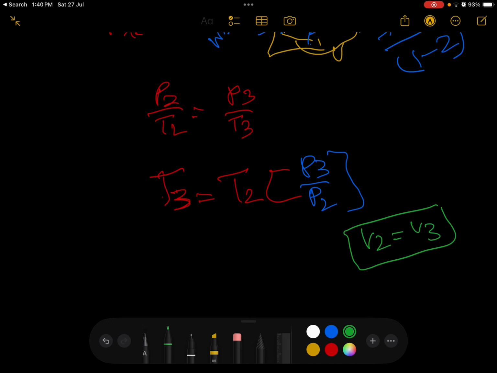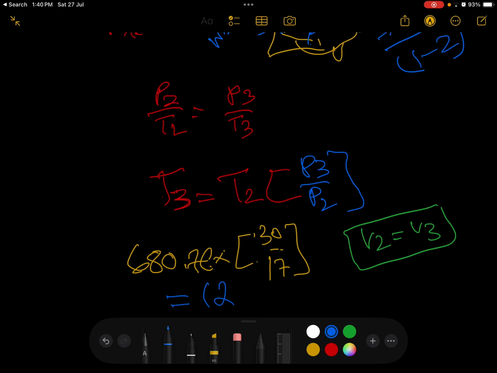T2 is actually 680.76, multiplied by 30 divided by 17, which finally equals 1201.35 Kelvin. Do the math, please.